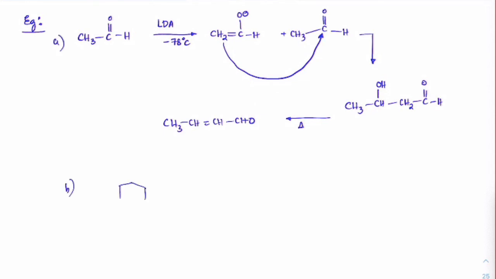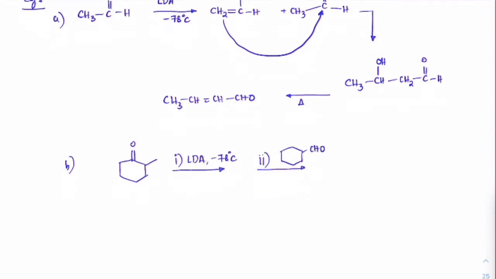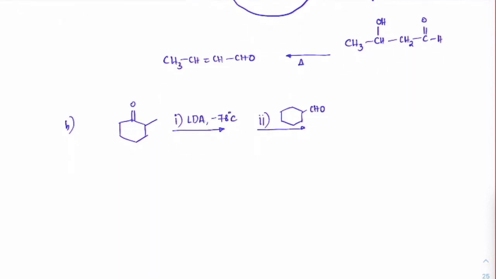Let me take a last example here. Suppose you have a double bond with this and I started with first LDA at minus 78 degrees centigrade, and then I wanted to continue that with the product here, CHO. Now I need to guess what product you will get. First we will have double bond O minus formed here, because LDA will go for the less substituted carbon.